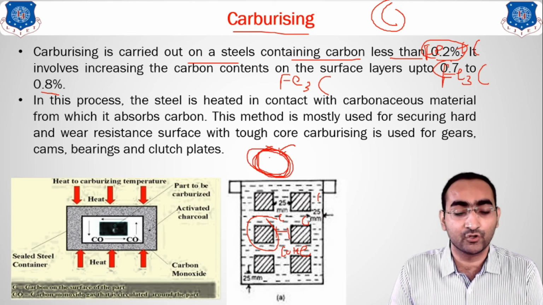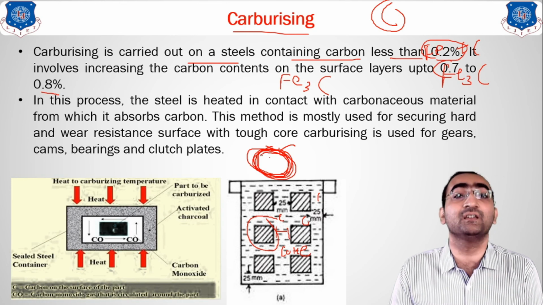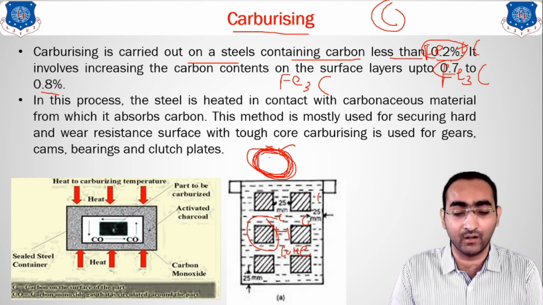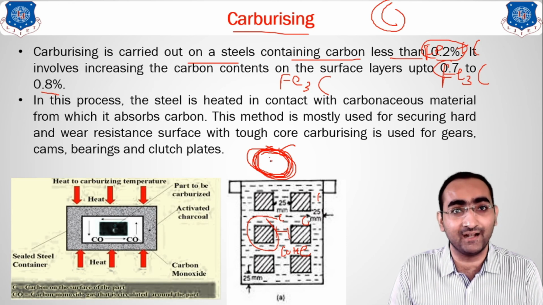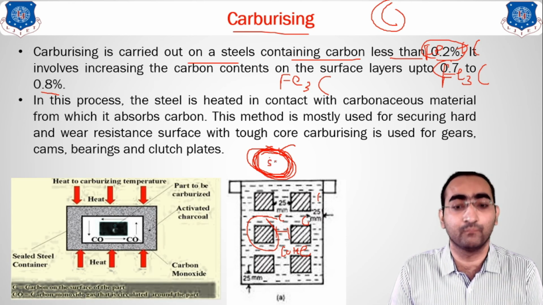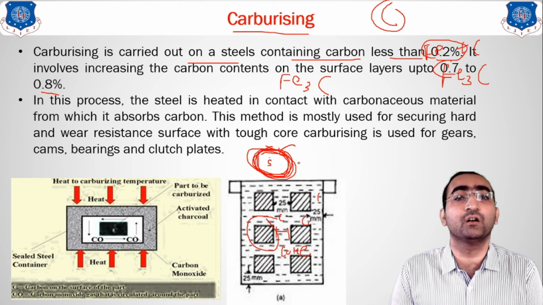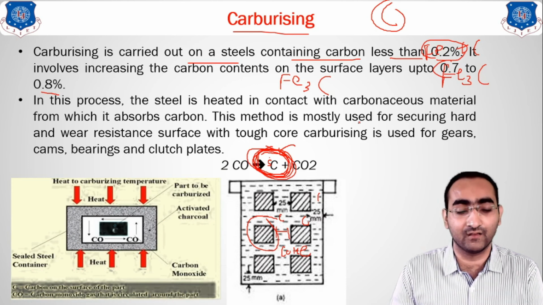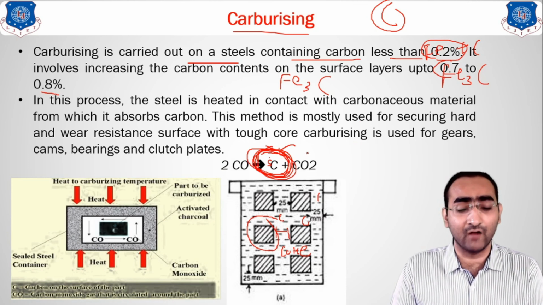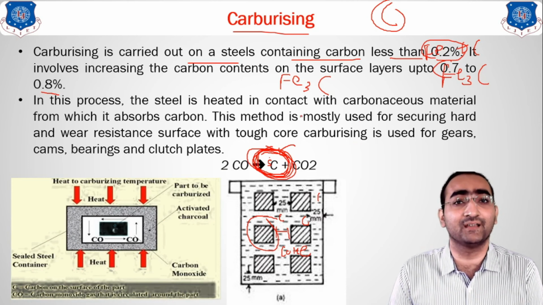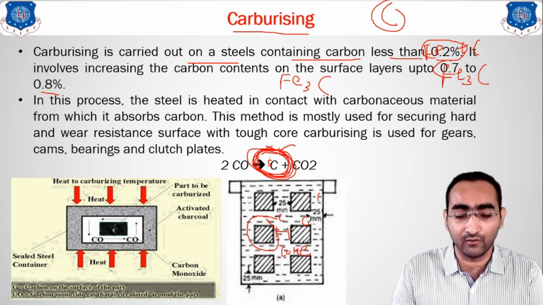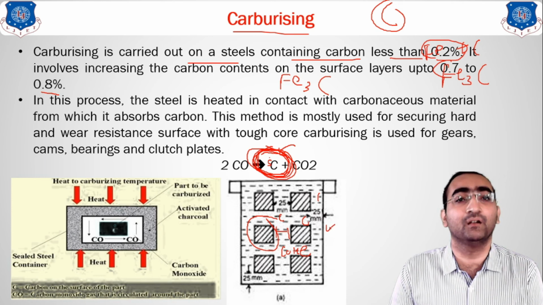So on the surface, Fe3C starts accommodating. As a result, the center is soft enough, but the surface on the top always has hardness, because it has Fe3C. This is known as the solid carburizing method. With the help of coke, this method is performed.